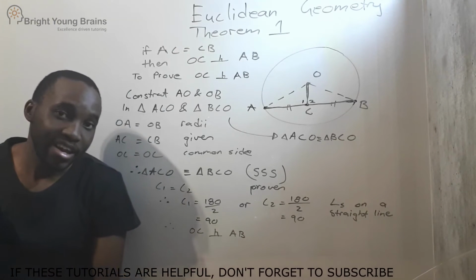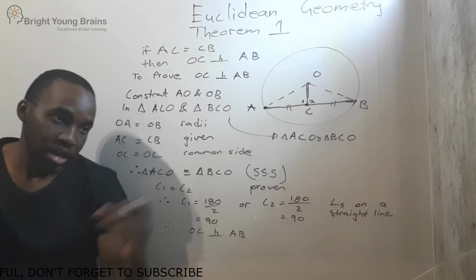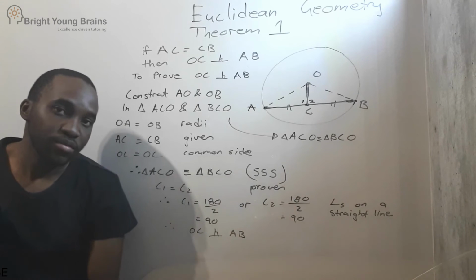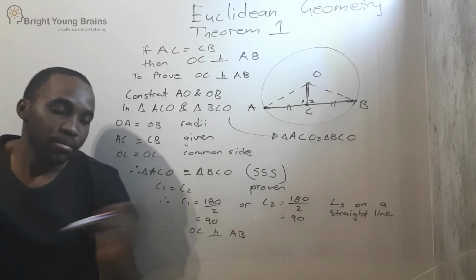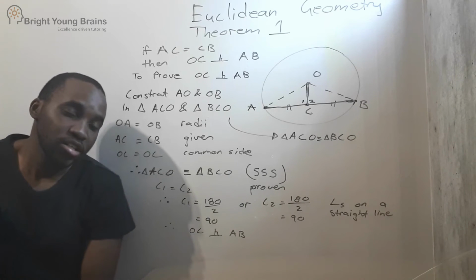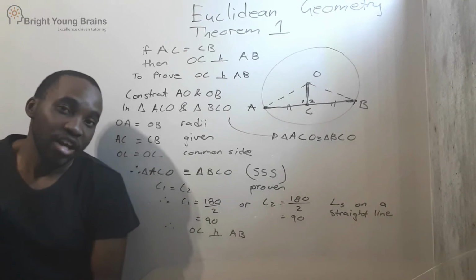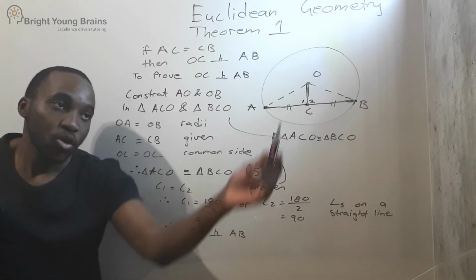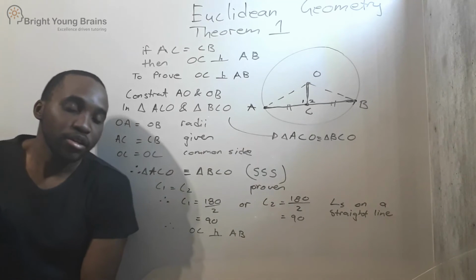Angles on a straight line add up to 180 degrees. Now if they are both equal, because we've proven that, it means that each of them share 180 degrees. And if they each share 180 degrees, it means that they are each 90, which means that OC definitely is perpendicular to AB.